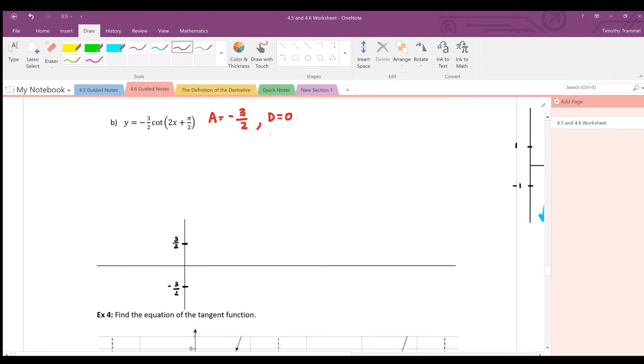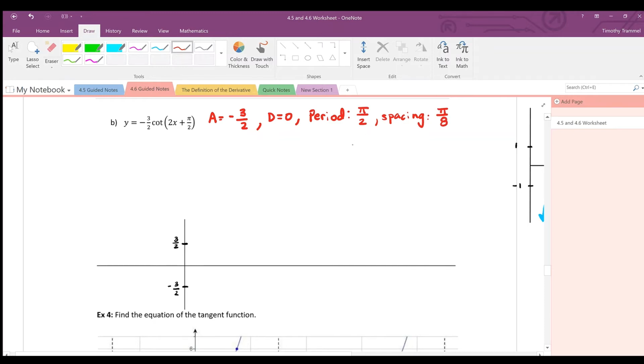Let's start with the period. Again, it's not 2 pi over b for tangent and cotangent, it's just pi over b. So pi over b for us is just going to be pi over 2. And then the spacing is that divided by 4. If you divide pi over 2 by 4, you'll get pi over 8.